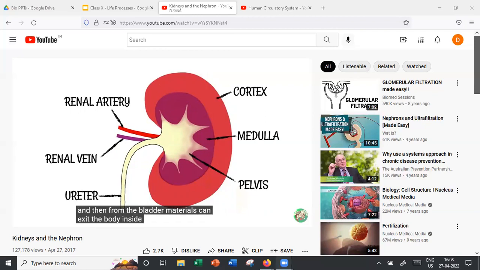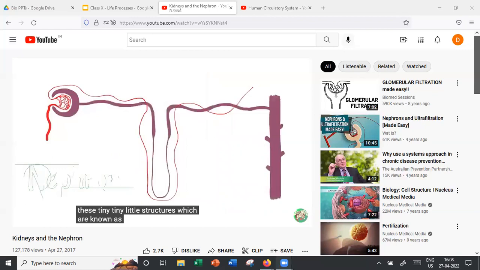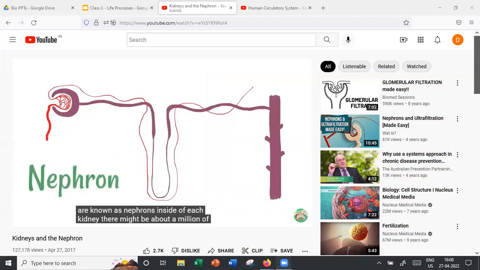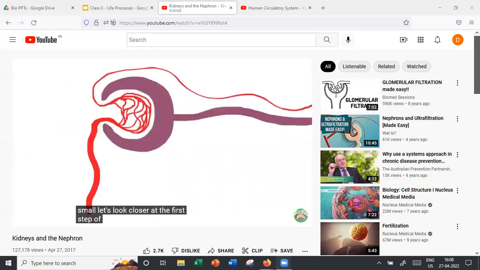Inside of the kidneys, we've got lots and lots of these tiny little structures, which are known as nephrons. Inside of each kidney, there might be about 1 million of these things. They're really, really small. Let's look closer at the first step of the nephron here. Notice that blood which is entering, coming from a branch of the renal artery, is coming through a blood vessel which is relatively wide compared to the blood vessel which is leaving this area.